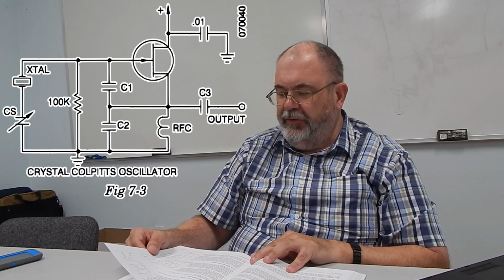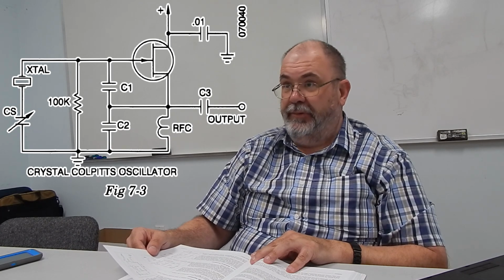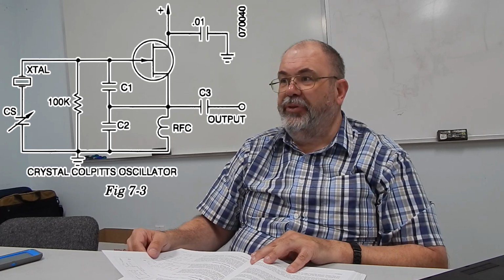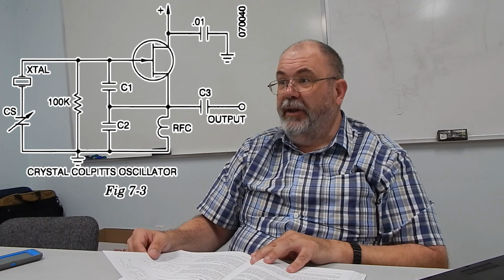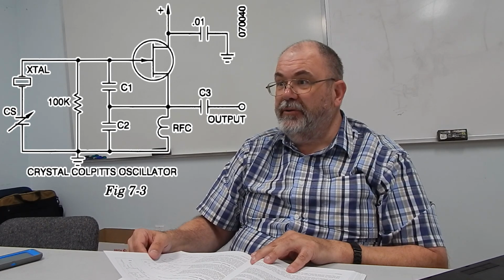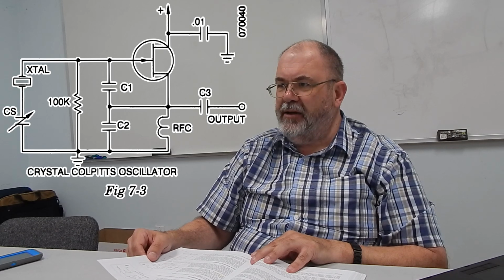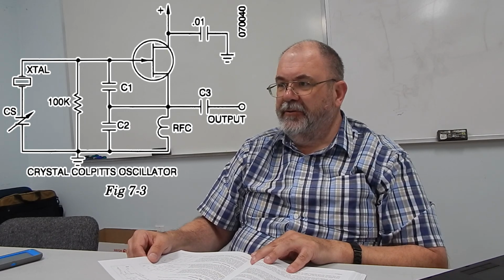From the source, it goes to those two capacitors, C1 and C2. Then it goes back through the crystal, through the gate. Notice there's a little variable capacitor in series with the crystal, and that lets you fine-tune the crystal to get it right on the frequency you want. Okay?